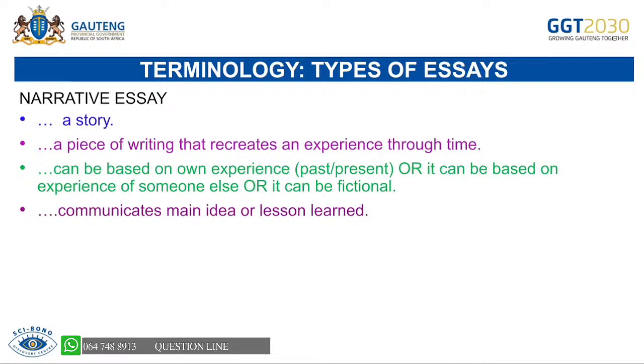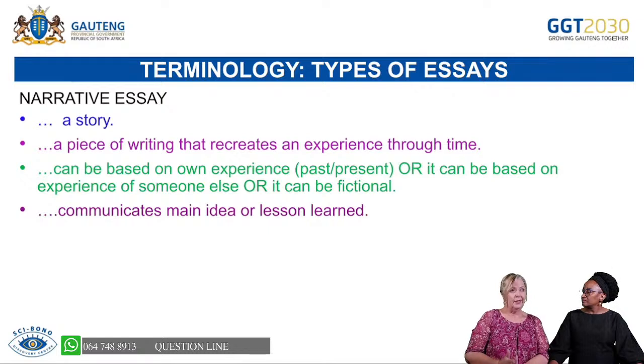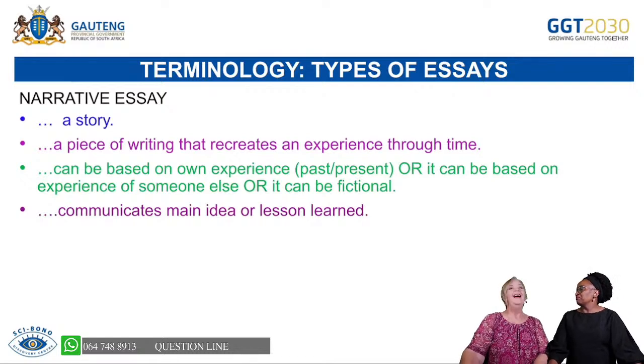We need the bad character or the negative character to challenge the good character, to show the good character's characteristics, to show that they actually win in the end. So, they are the heroes. Indeed, that is extremely important. You cannot, when you write a narrative essay, use the words and then, and then, and then.